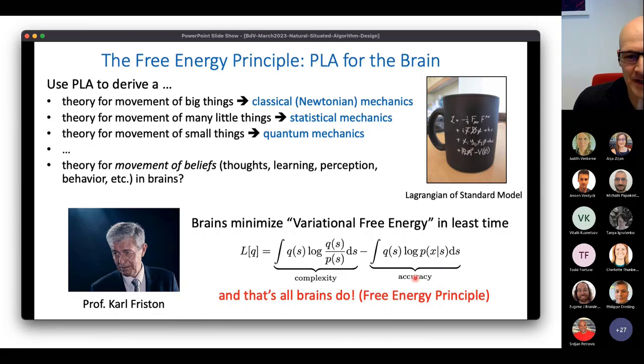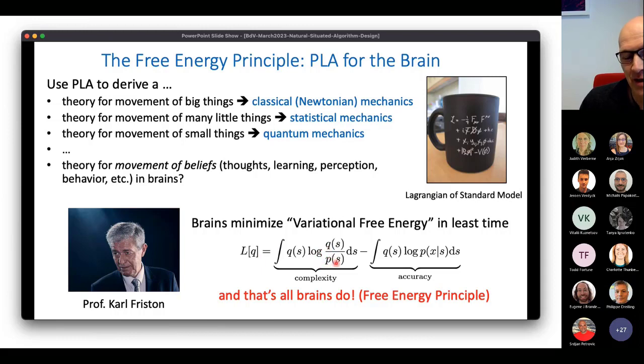The crucial thing is this is all that brains do. Just like a ball, all it does is it moves and it minimizes the difference between two energy forms. This is also what brains do. And by doing so, brains change beliefs expressed in probability distributions.